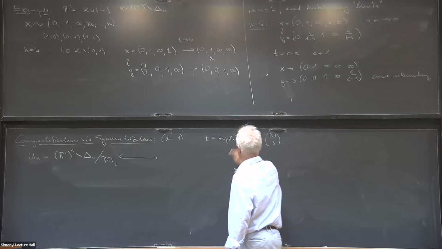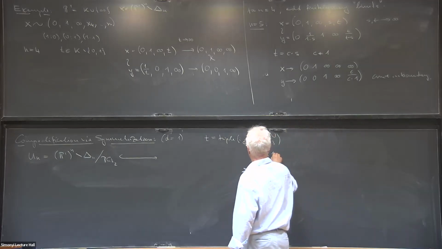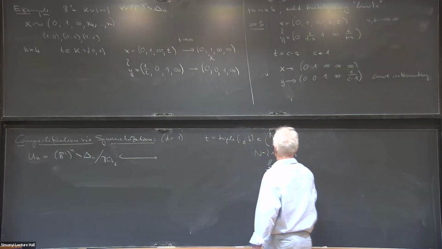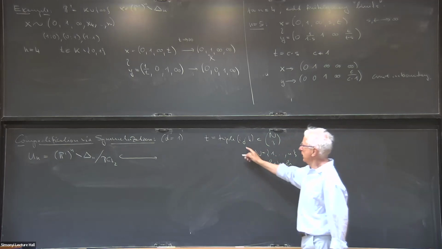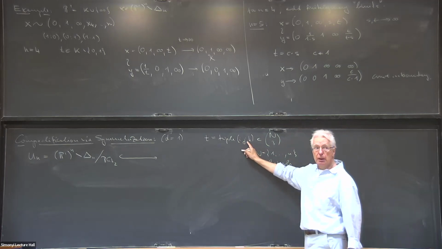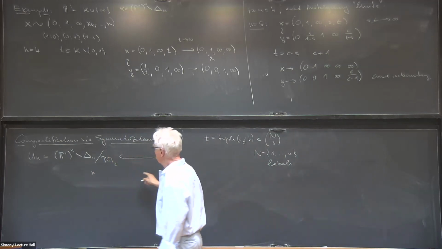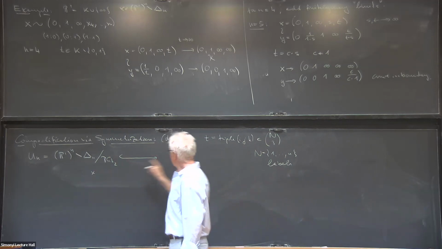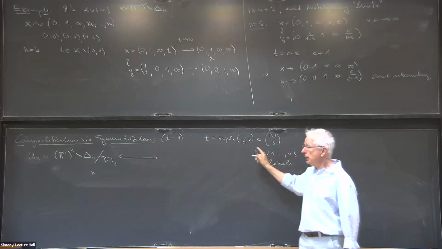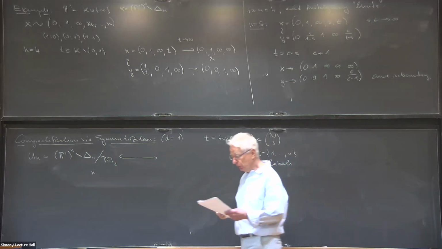This is a 3-element subset of n over 3. N is just a set 1 to n of labels. And whenever I prescribe such a triple, I can send x to an element where precisely at ijk I have 0, 1, and infinity. And the trick now is I do it for all triples. That's why we call it symmetrization.